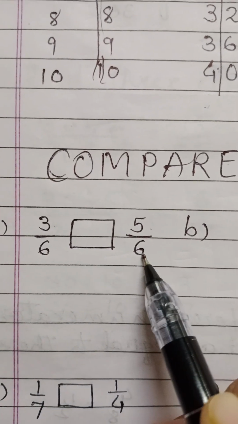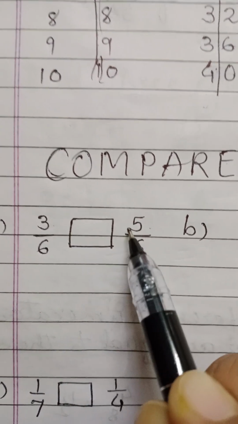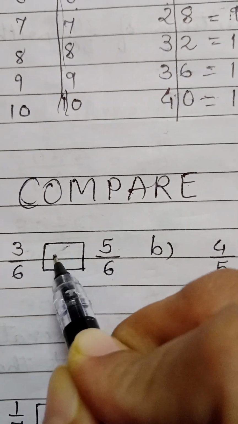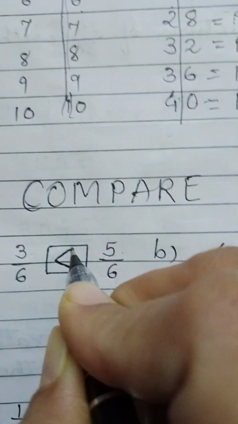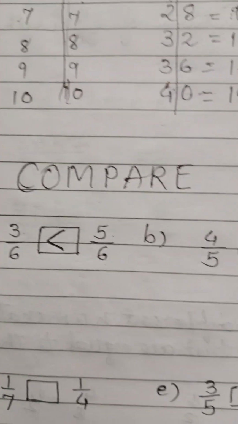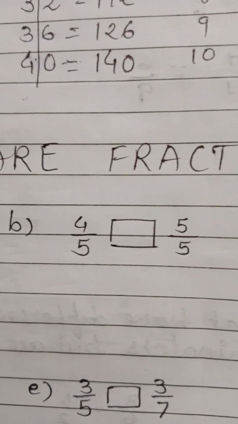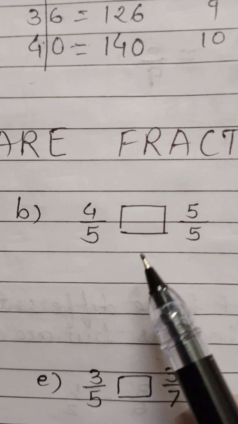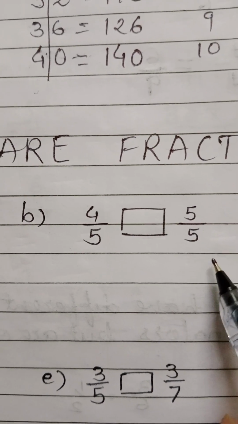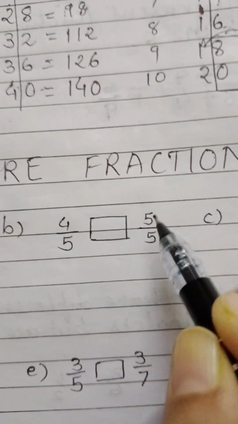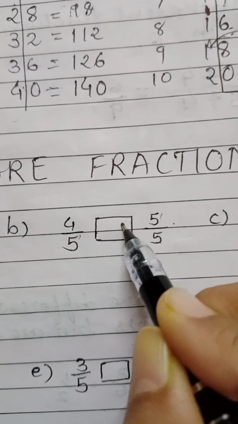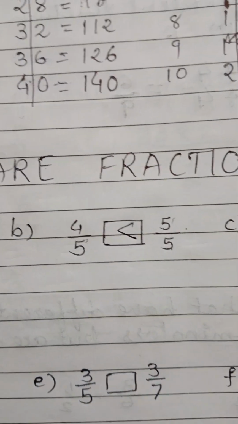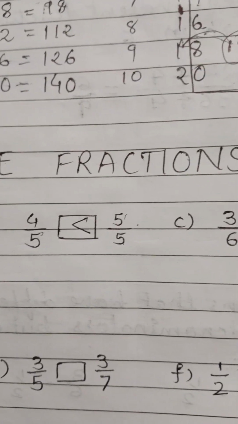These parts are equal, so you know that 5 is greater than 3. So you can directly place the symbol of less than here: 3 upon 6 is less than 5 upon 6. Let's see one more, 4 upon 5 and 5 upon 5. Here also you know 5 upon 5 is actually 1 and this is less than 1. So this is going to be 4 upon 5 less than 5 upon 5.